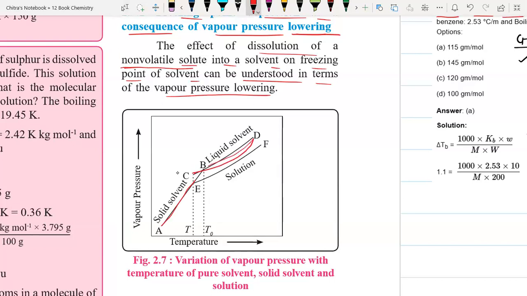This is the liquid solvent, meaning that condition is given for vapor pressure lowering. Over here vapor pressure is on the y-axis and temperature is on the x-axis. See here, it freezes over here, beta. We have to decrease the temperature up to here, so it is going to freeze over here. Let this be for water, 0 degrees Celsius. But when we dissolve a non-volatile solute here, so wait, I'm just erasing extra things.